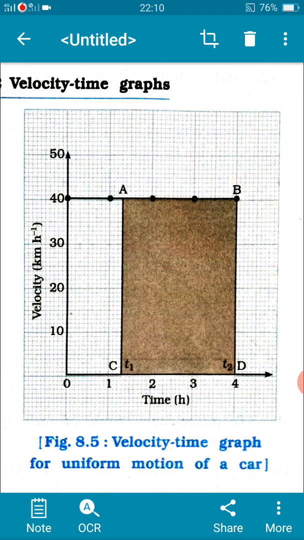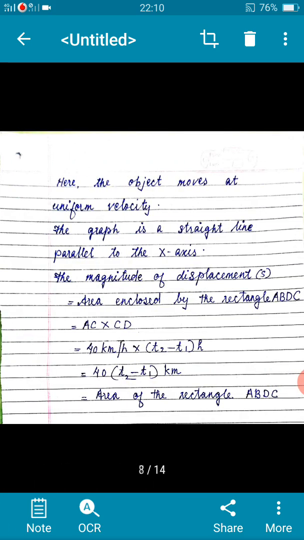The shaded region is a rectangle. So the area of the shaded portion will be the area of the rectangle ABDC. How to find the area of a rectangle? Area of rectangle is equal to length into breadth. Here it can be written as AC into CD.